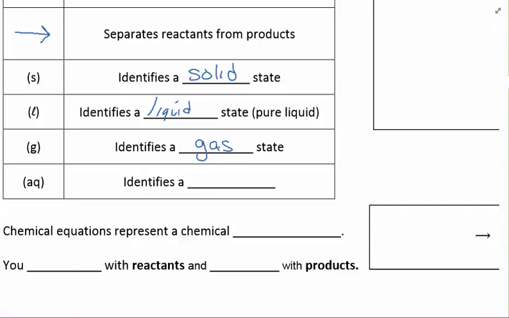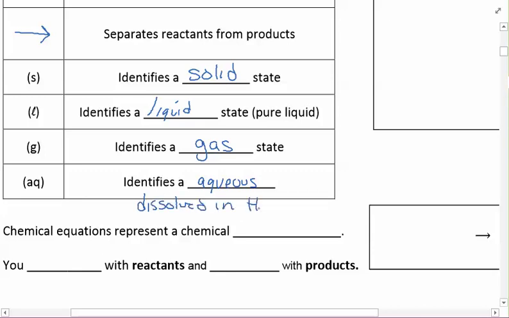And AQ identifies an aqueous state. So if you think of aqueous, it has aqua in it, which means water. So this is a solution. This substance is dissolved in water.